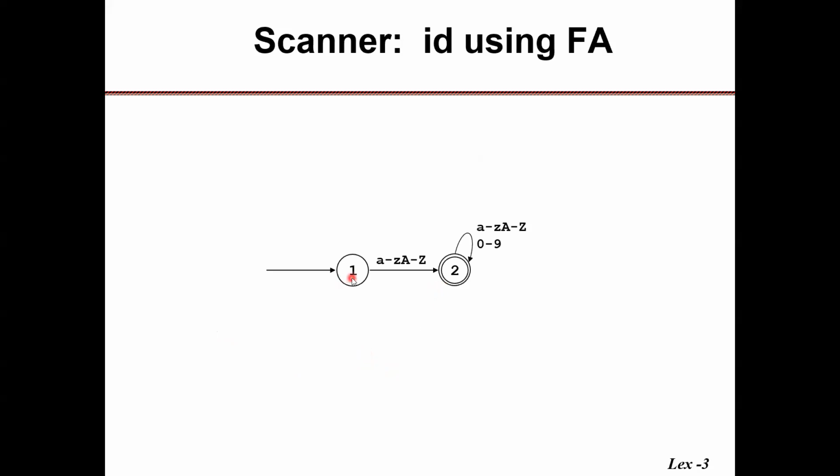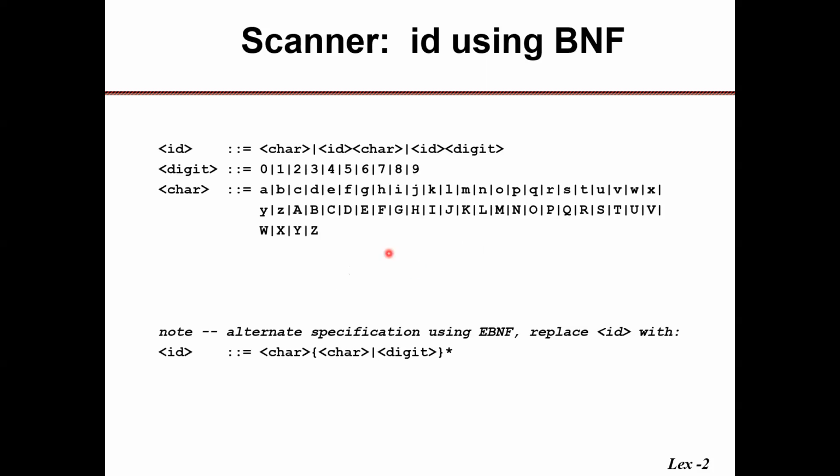So we go into state 1, and in state 1, we need to recognize a char. And a char is defined to be A through Z lowercase or A through Z uppercase. It's probably worth pointing out as well that when we mentioned that we specifically had to write everything out, that means we can't use a simple dash from A to Z lowercase and A to Z uppercase, because we have to explicitly include every symbol.